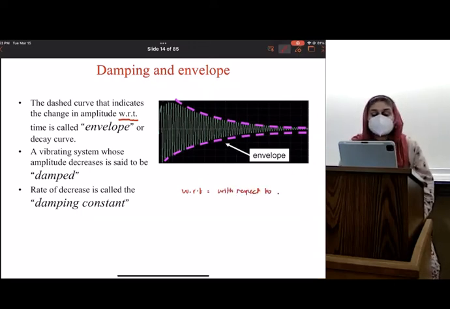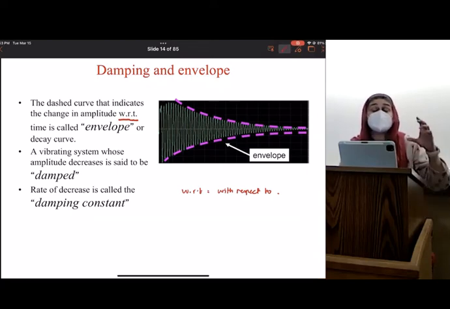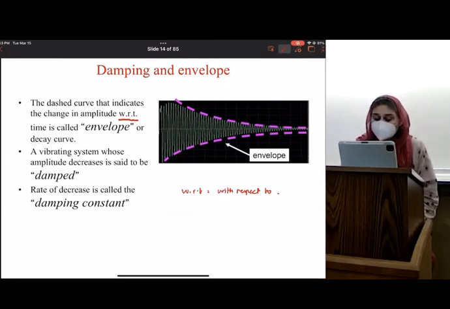Another definition is a vibrating system whose amplitude decreases is said to be damped. And the rate at which this damping happens is called a damping constant. So you could have a larger damping constant or you could have a smaller damping constant. So you could have a curve that looks like this, where it damps very slowly, or you could have a curve like this.